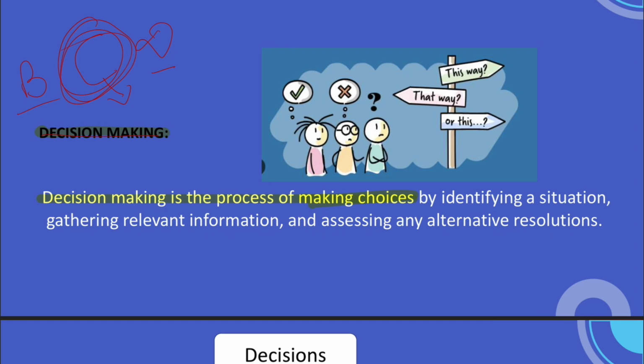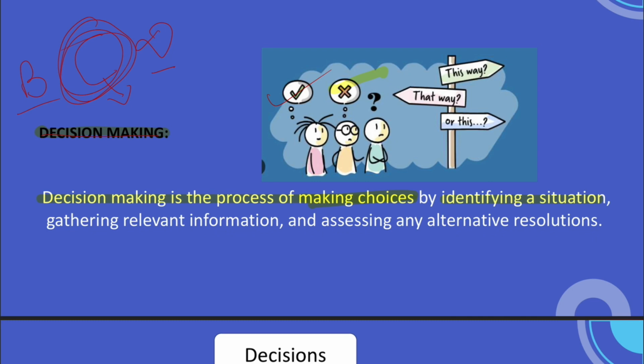The choices made by us sometimes go wrong, sometimes they are correct. When we make choices, they depend on the situation. First we identify the situation and then we make a decision.